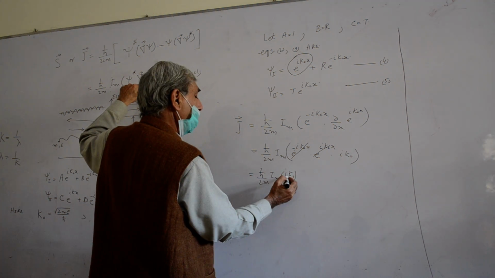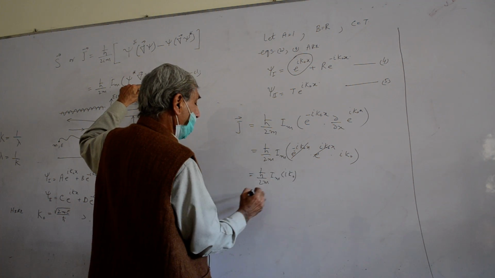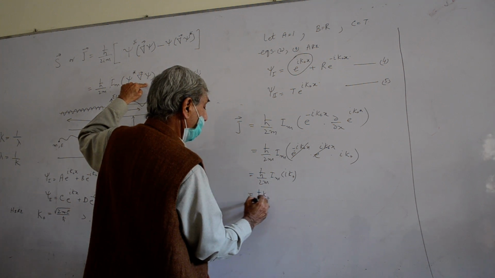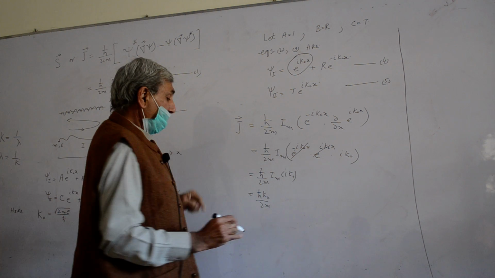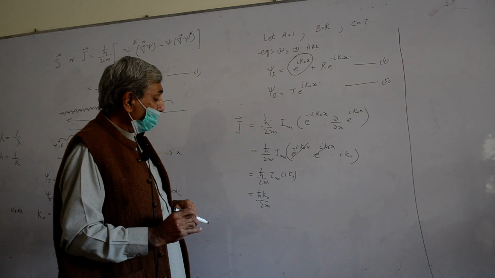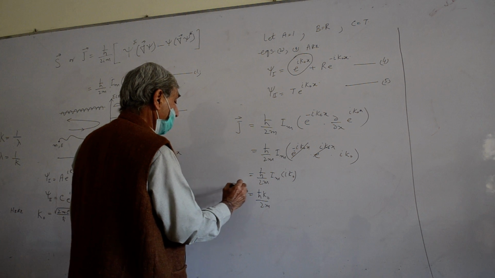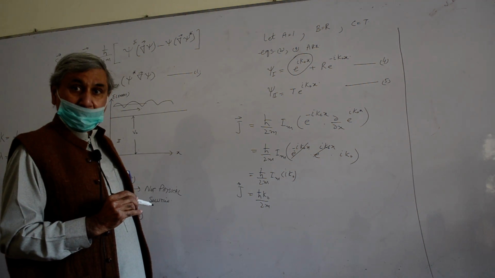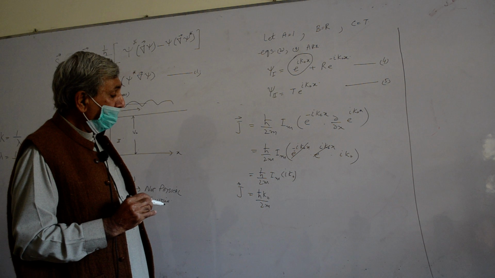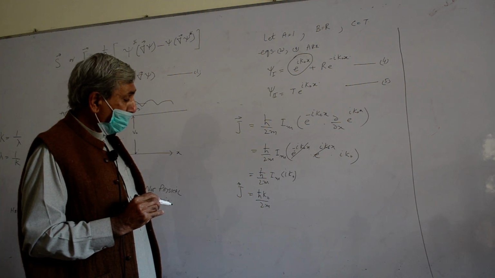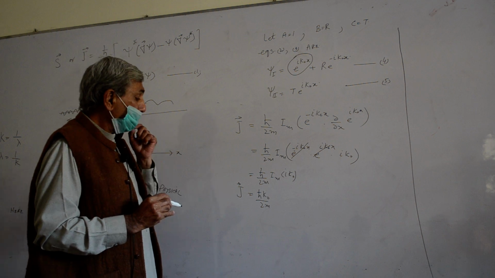Now, this is the only part which you have. Remove i and you get h bar k naught over 2m. That is the current of the incident particle, h bar k naught over m.